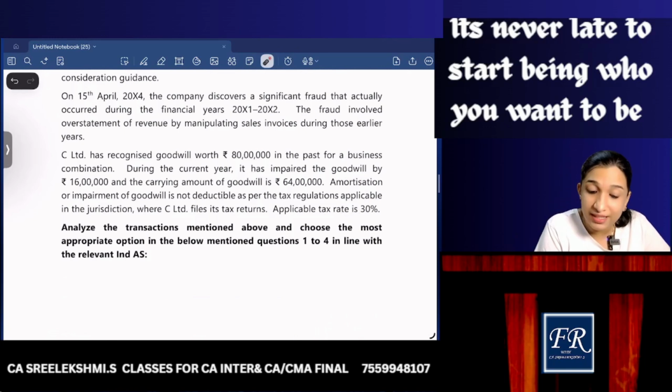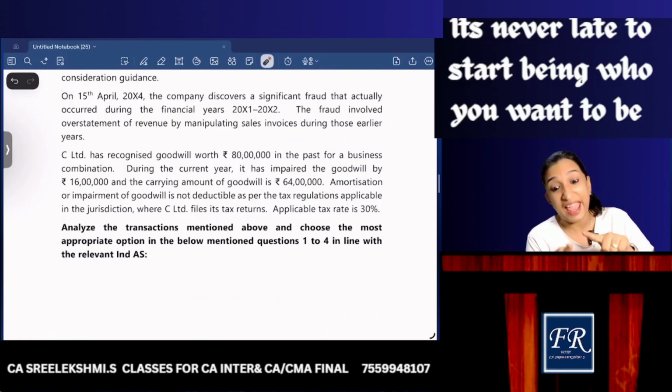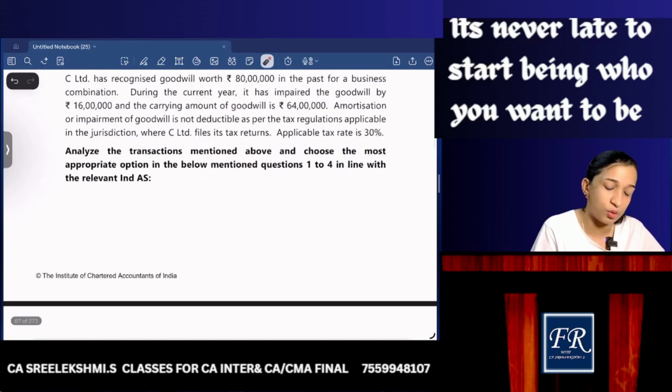As per Ind AS 12, deferred tax shall not be recognized. There are two exceptions given: the initial recognition of assets and liabilities, except that arising out of business combination, and goodwill arising out of business combination. So if goodwill is arising out of business combination, no deferred tax impact is there. Let's find out the questions.